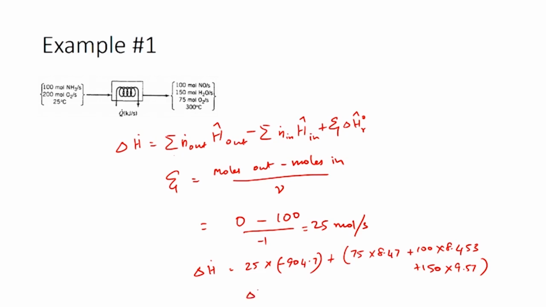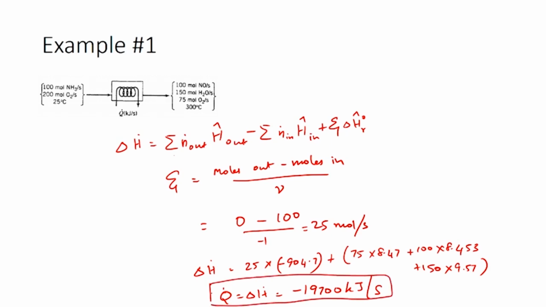So, you would end up with delta H dot equals minus 19,700 kilojoules per second. As the heat energy balance equation was Q dot equals delta H dot, Q dot is also equal to the same value of minus 19,700 kilojoules per second. With this, we have solved a simple problem where you had a single reaction and you had also been given the value for the heat of reaction.